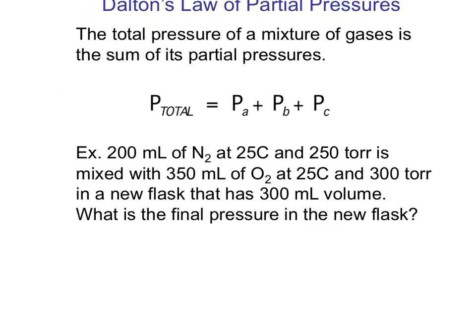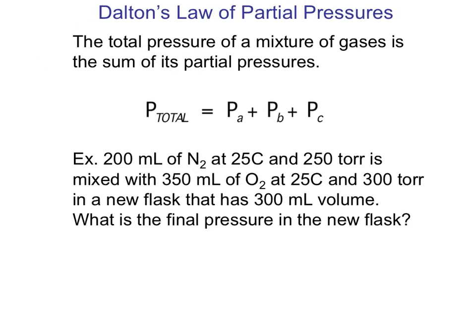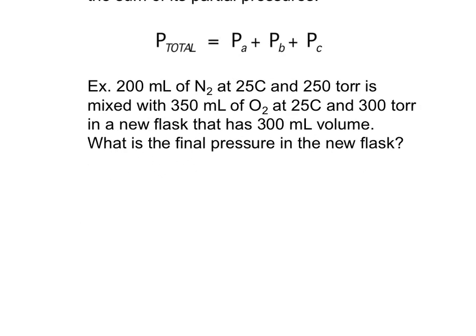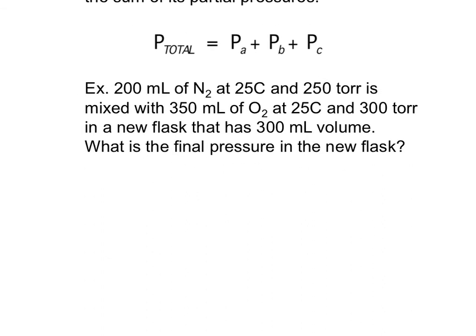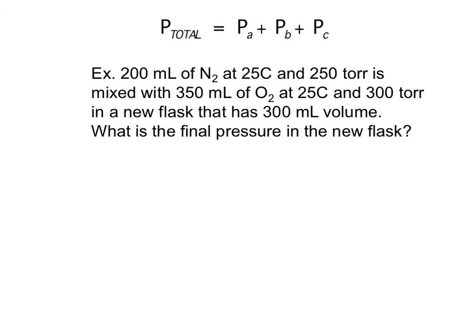That's Dalton's law. Okay, so this is a problem that's a little bit weird, but a kind of typical one in the laboratory. And for this one, I'm going to draw a picture here to help you decipher this. Draw a picture of a manifold.